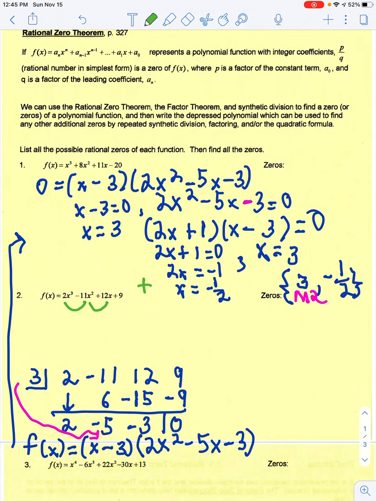So the changes in sign of f of x give you the number of potential positive real zeros, zeros that are positive numbers, like 3 that we just got in our problem. So I counted 2 sign changes. The funky part about this is the theorem says the number is this, or is less than this by an even number.